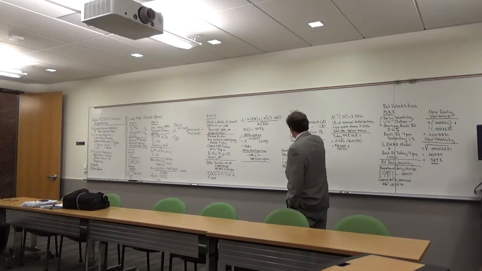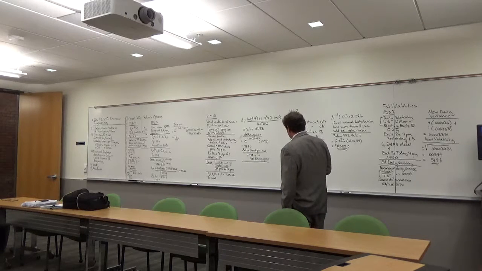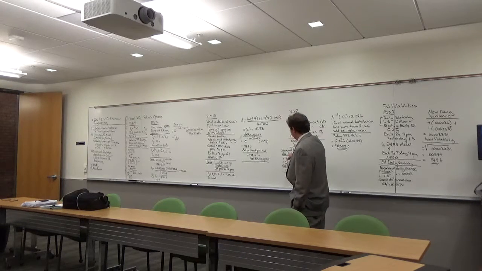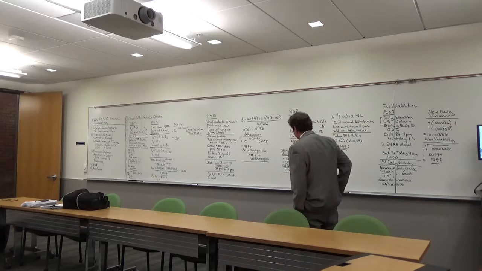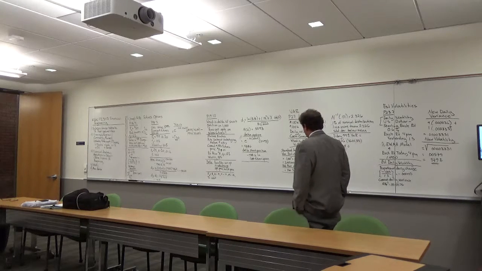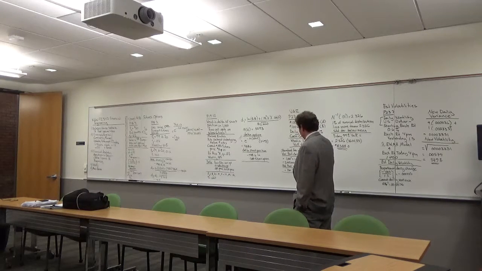So you know the standard deviation of the daily change is $1,000. The variance of the portfolio is going to be 1,000 squared plus 1,000 squared plus 2 times 0.3 times 1,000 and 1,000, which is going to give you 2,600,000. Then you can take the standard deviation of that to get $1,612.45.